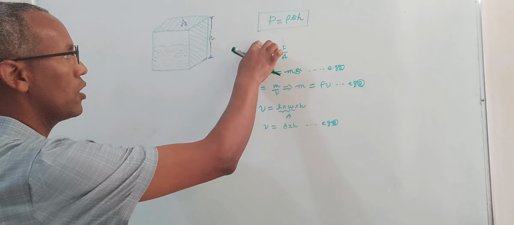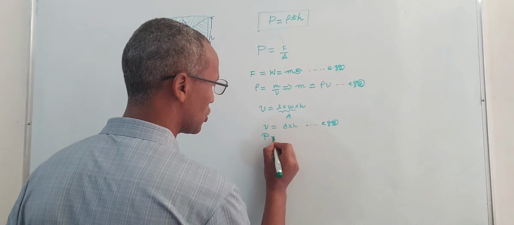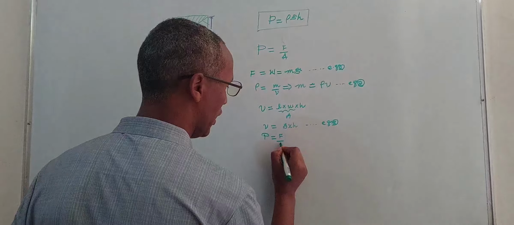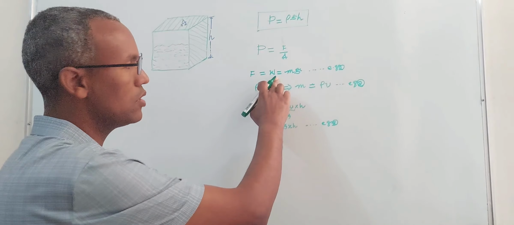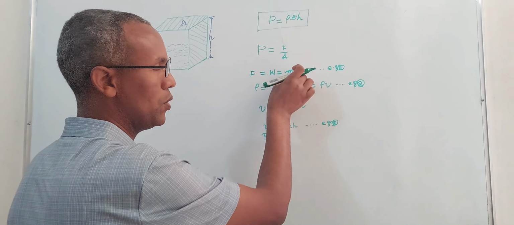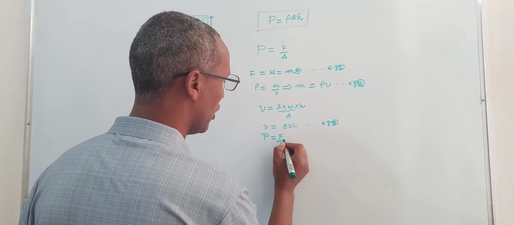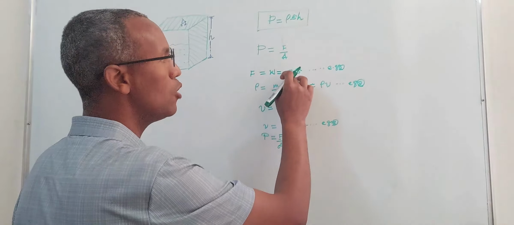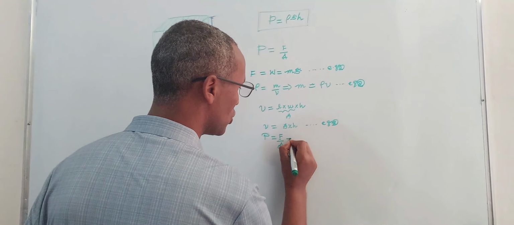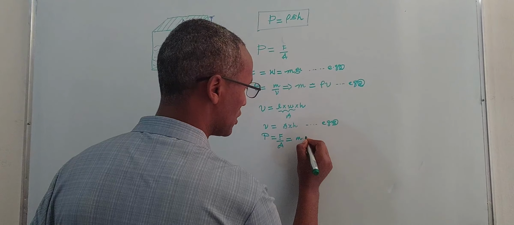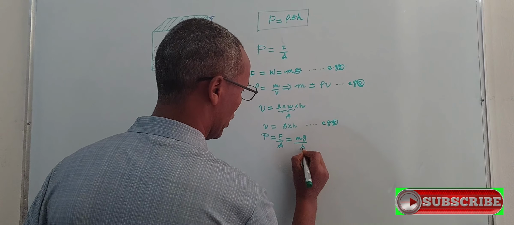Now, when you come to the basic definition, like I said, pressure is equal to force over area, right? So force is equal to weight, and weight is equal to mg, right? So in terms of force, you can replace it with mg. You will get mass times acceleration due to gravity over area, right?